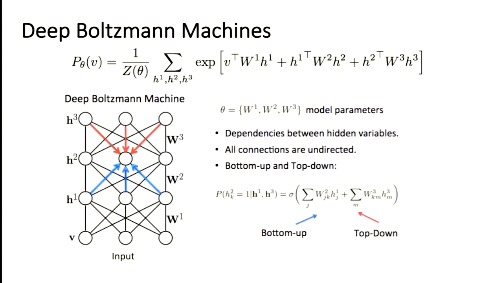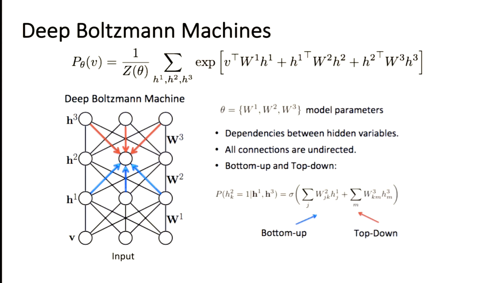Once again, you can write out the marginal distribution. By the way, sorry for the mix-up of the notations. If you have not realized by now, V is what I was representing as X previously. The visible units are now called V, but previously we were calling it X. Essentially, it's the same, so that's a small change in notation.